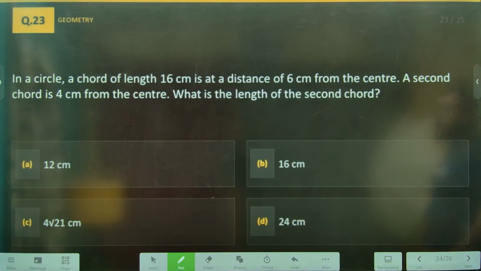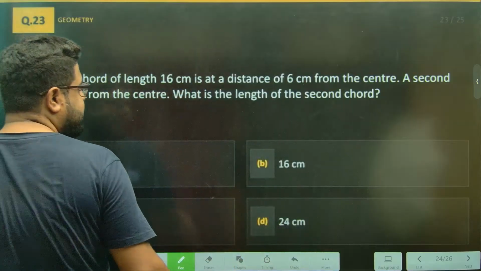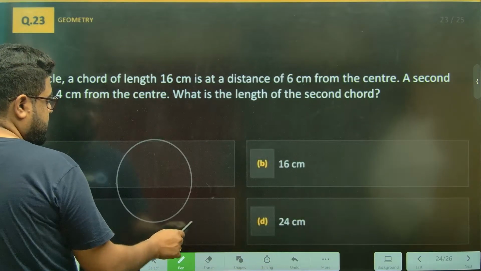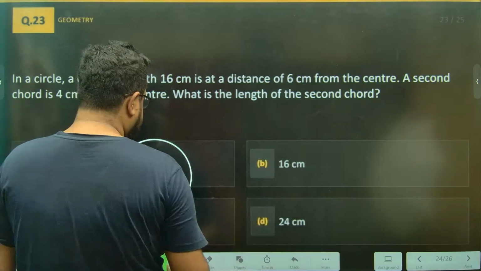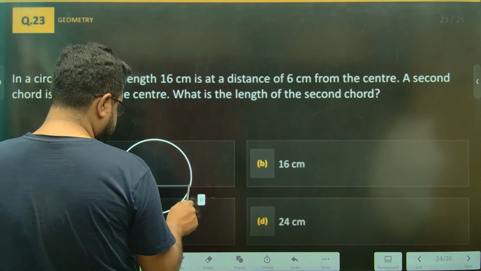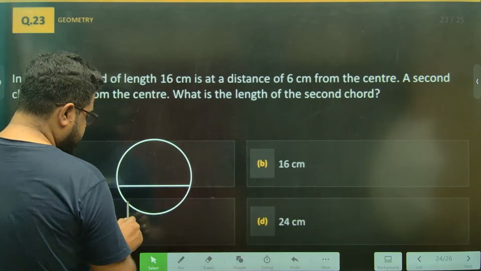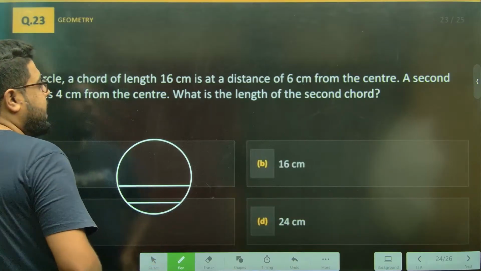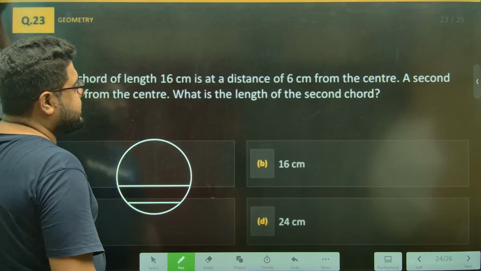Next one, sir. In a circle, a chord of length 16 is at a distance of 6 centimeters from the center, and a second chord is 4 centimeters from the center. What is the length of the second chord? Let's see. There is a chord here which is 6 centimeters, and another chord here which is 4 centimeters.